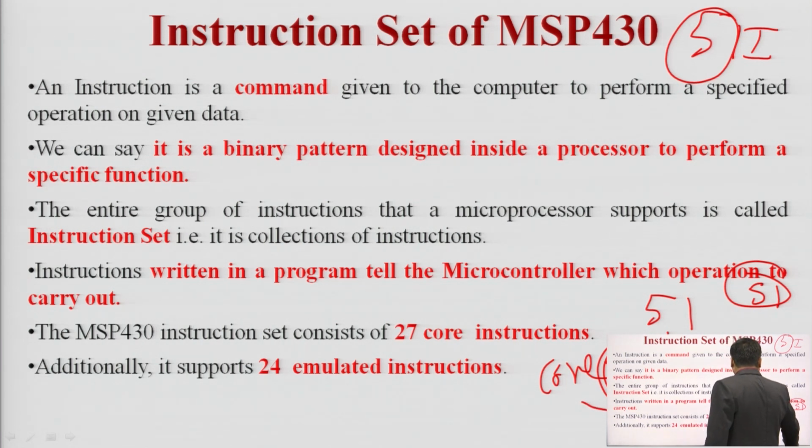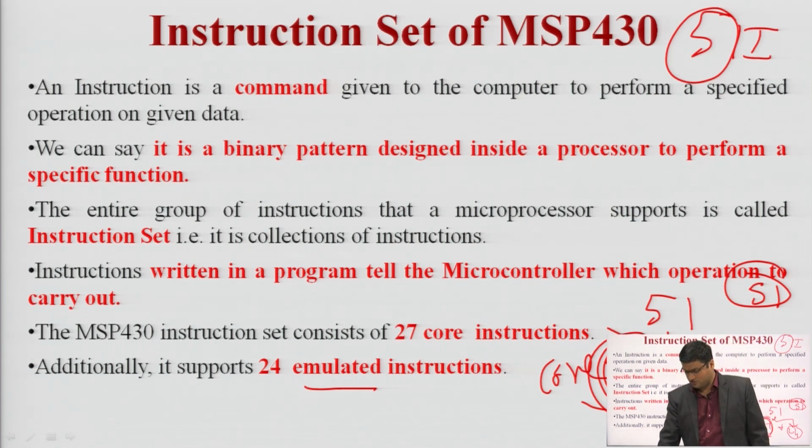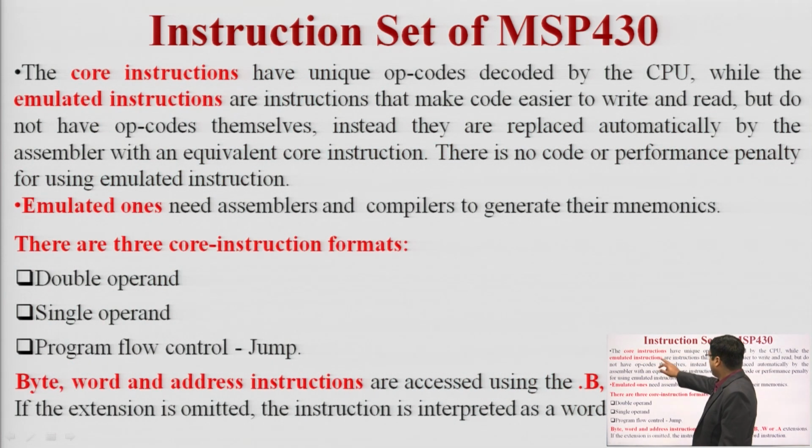And 24 are emulated instructions. Emulated means support instructions, which are part of the main instructions. So, in MSP 430 there are a total of 51 instructions available. The core instructions have unique opcodes decoded by the CPU.